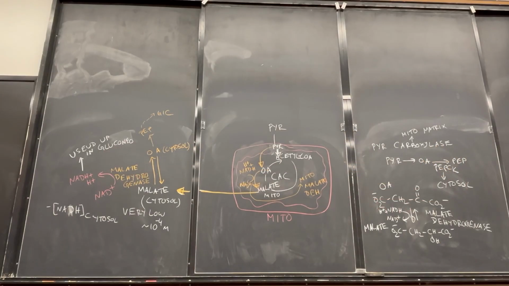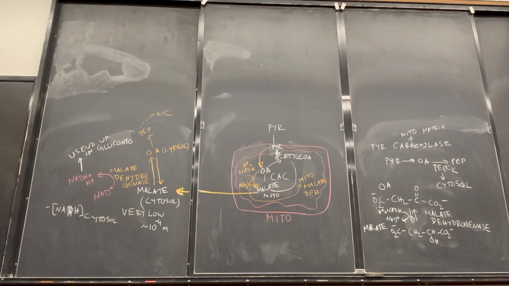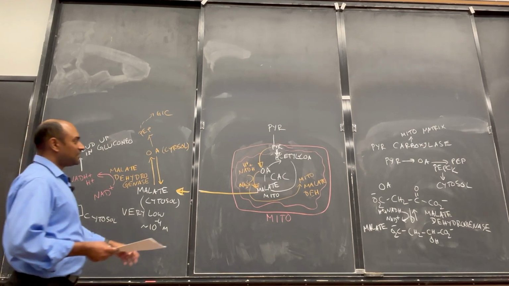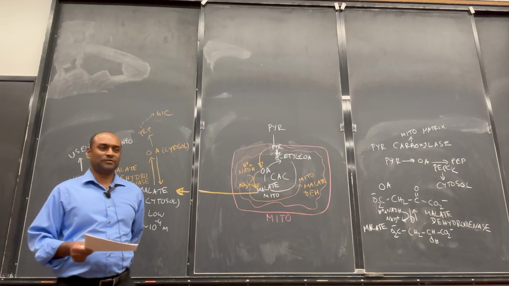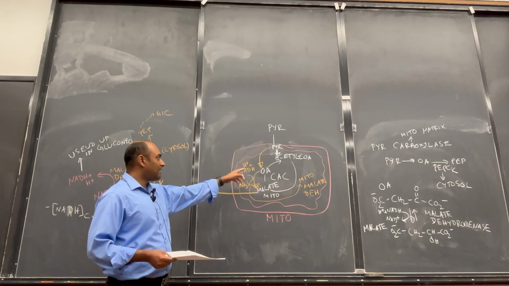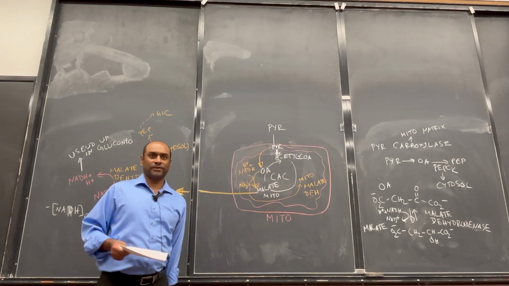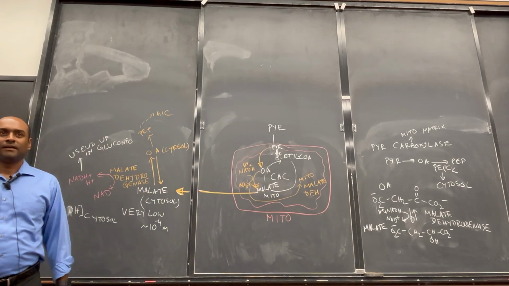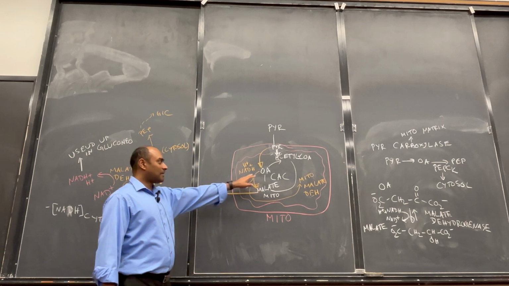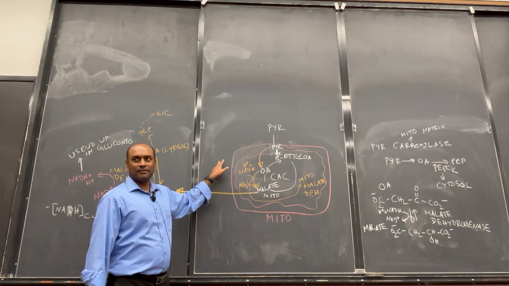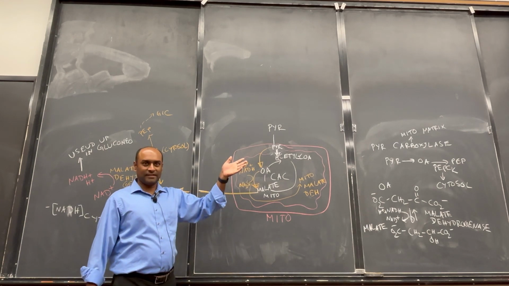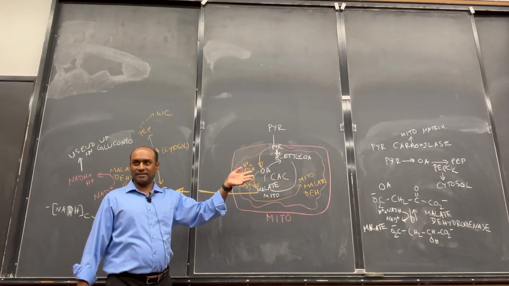So the take home, I guess the big picture or the key points from gluconeogenesis, is that first of all, the first enzyme is not available in the cytosol, so it has to happen in the mitochondrial matrix, right? And so pyruvate carboxylase will convert pyruvate to OA. It would have solved the problem if OA simply came out, but nature does things the way it does because there's a reason.